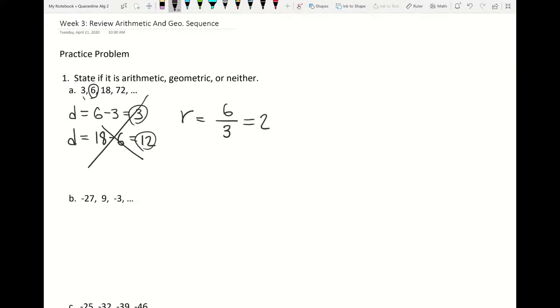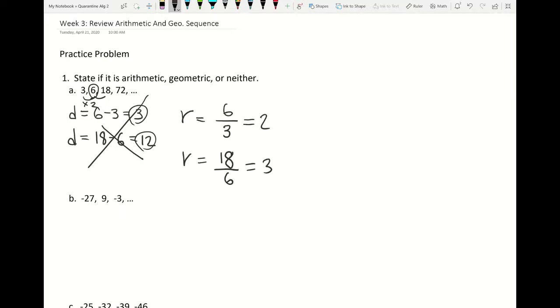So it's multiplying by 2 to get to the next number. And obviously, the next pair is not going to be multiplied by 2, but we have to check. 18 divided by the previous number, 6. 18 divided by 6 is 3. So it's multiplied by 3.